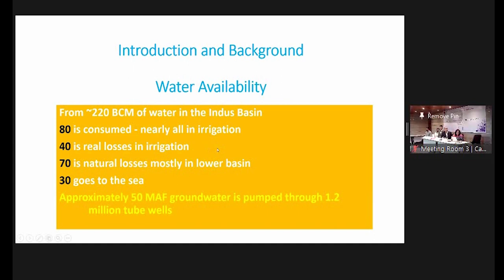Then 70 BCM is natural losses in our lower basin, and the remaining 30 goes to the sea, which is again not used properly. Along with the natural water, we also have groundwater pumped through 1.2 million tube wells, which gives us a water availability of around 50 million acre feet.